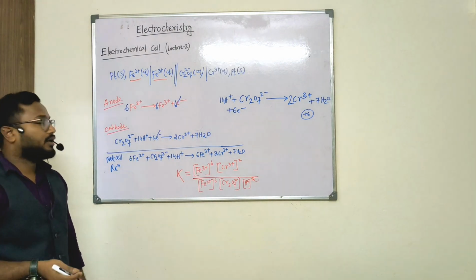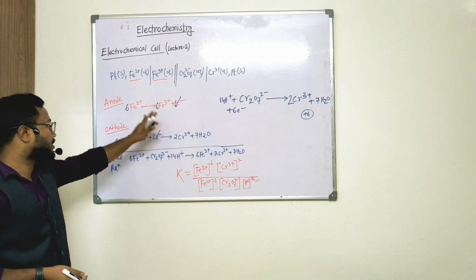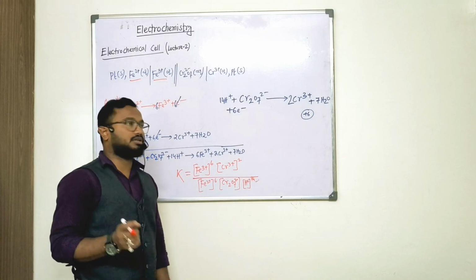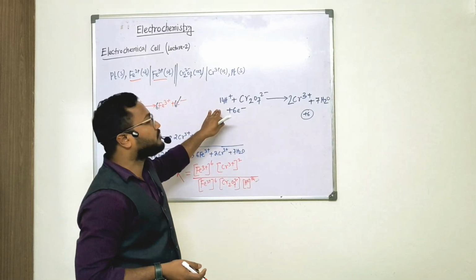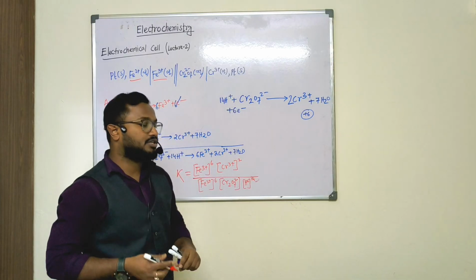So in this way any cell constant can be represented. This is equilibrium constant. For any reaction, if you are representing equilibrium constant, you have to know redox balancing. With redox balancing you can solve these types of questions.